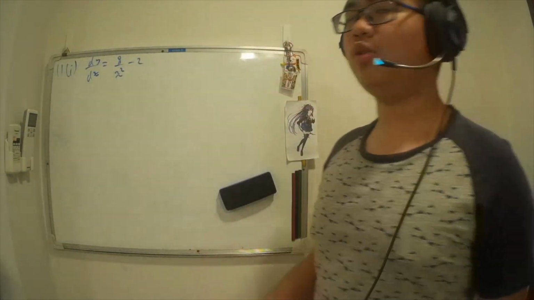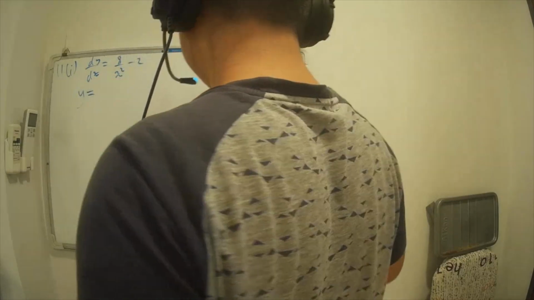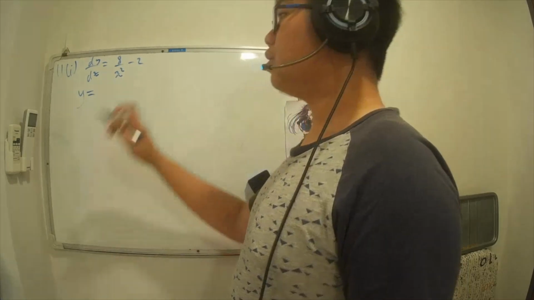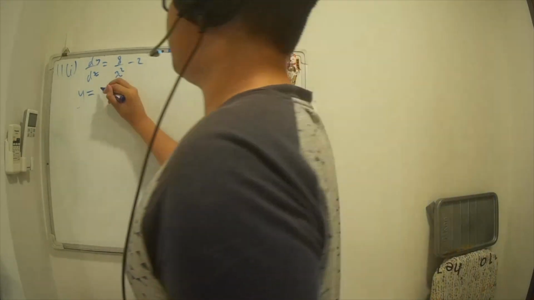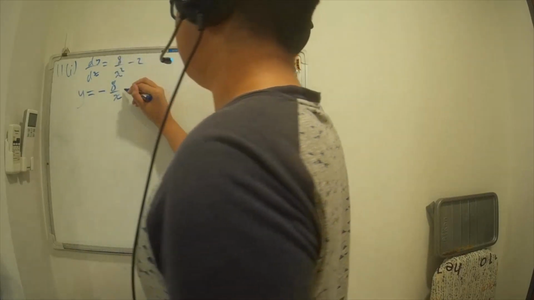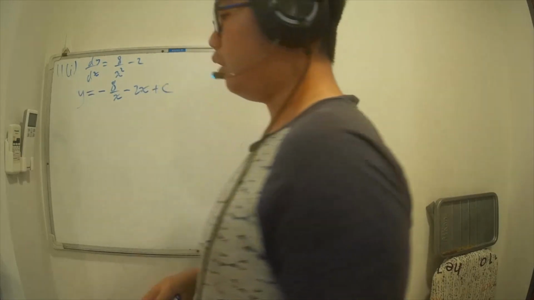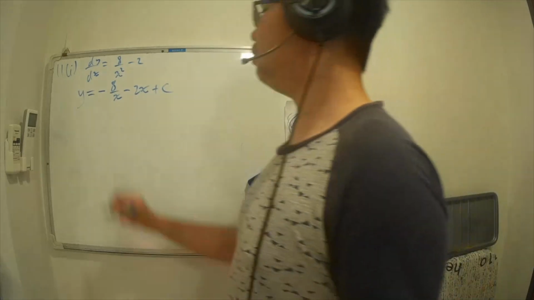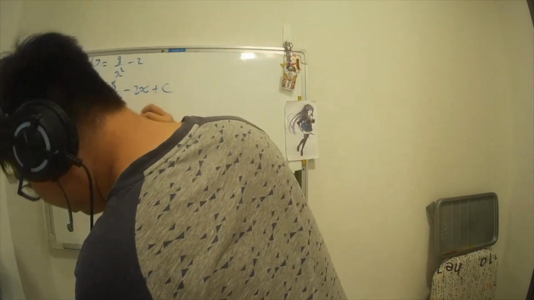So we will integrate, right? So y will be equal to, so let's integrate. This is 8x to the negative 2 power. So this will become negative 1 at the top, but divide by negative 1. So this will become minus 8 over x minus 2x plus c. And we know that when x is equal to 1, I believe that was what it said, right?